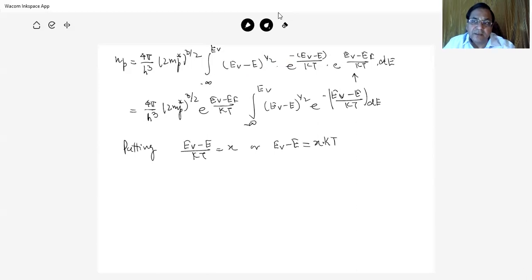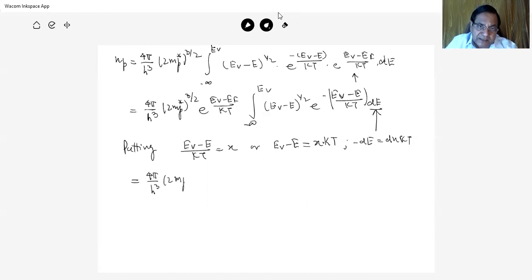Differentiating that, 0 minus DE is equal to dx into KT. So DE can be written as minus dx KT.